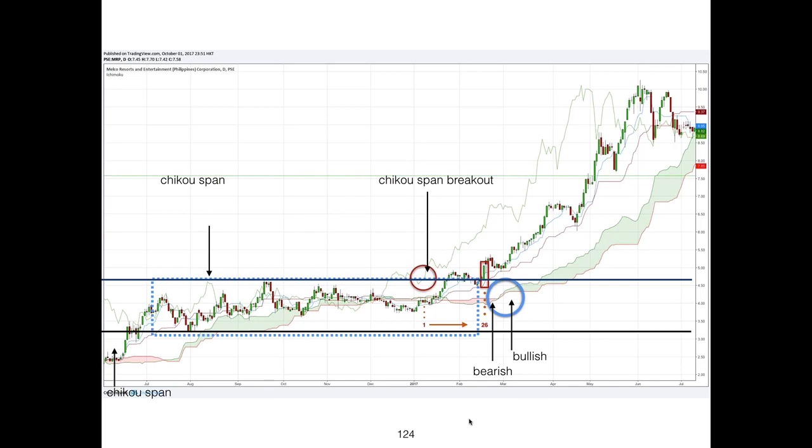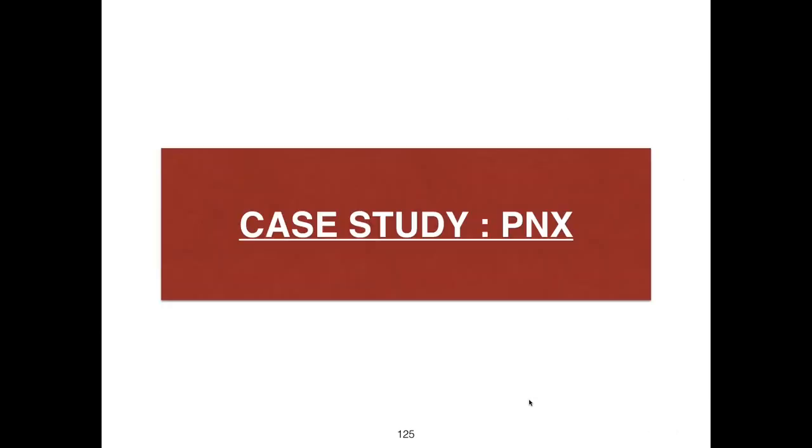It already made the twist even before the breakout happened. So you know that there's a higher likelihood that the breakout will happen because the twist already happened 26 periods ahead. So that is the beauty of the Kumo twist or the Kumo.